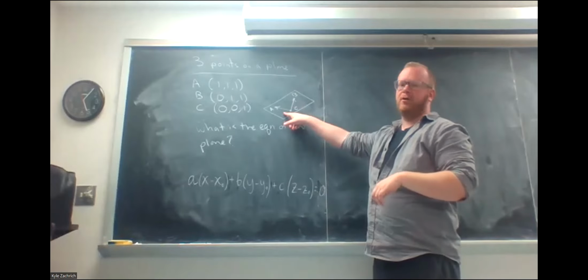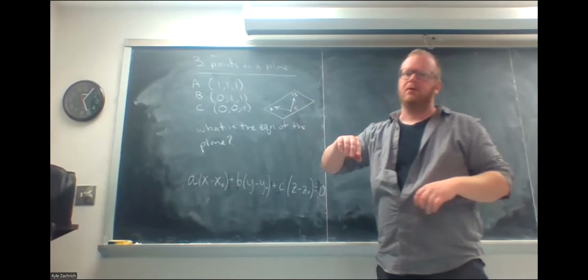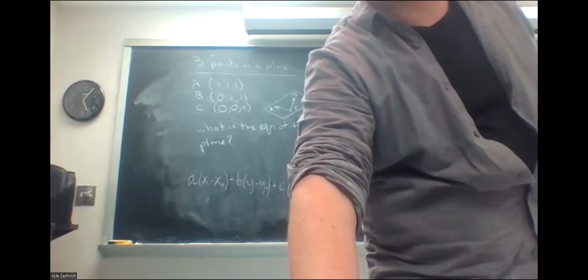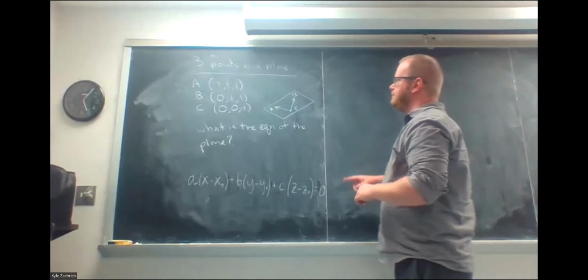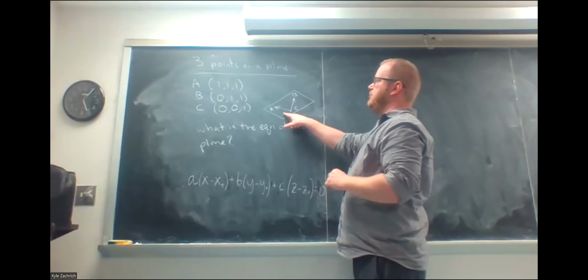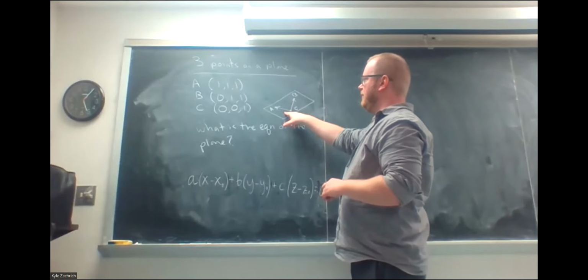Those are both vectors on the plane, right? Because those 2 vectors exist on the plane, we can use that to figure out our normal vector.